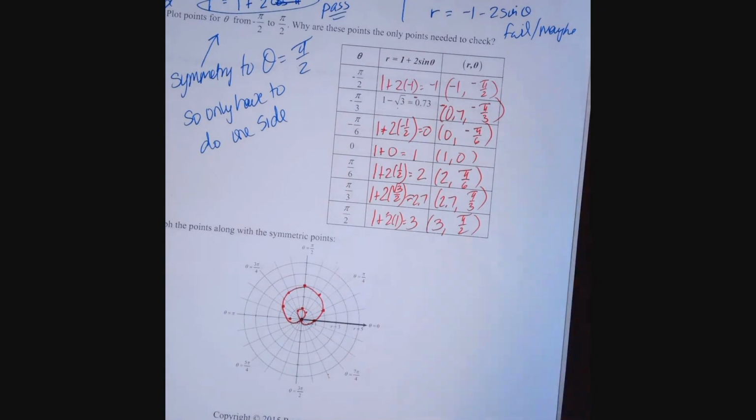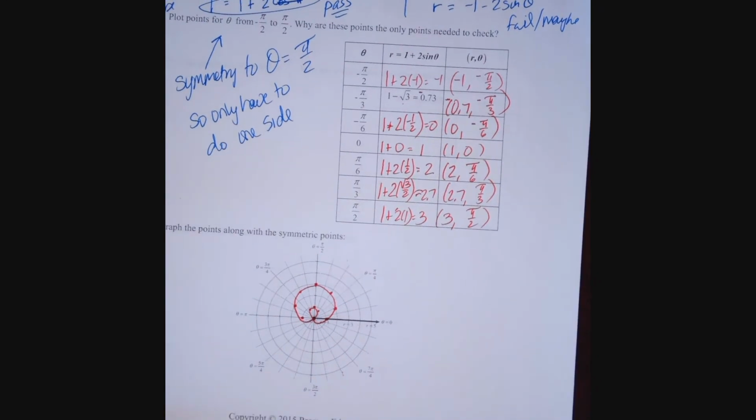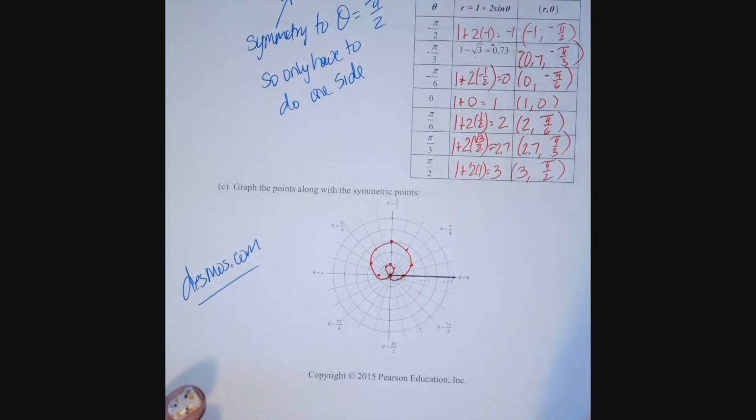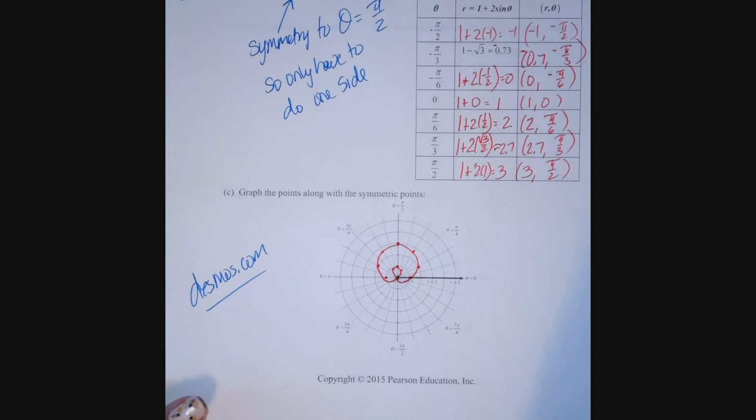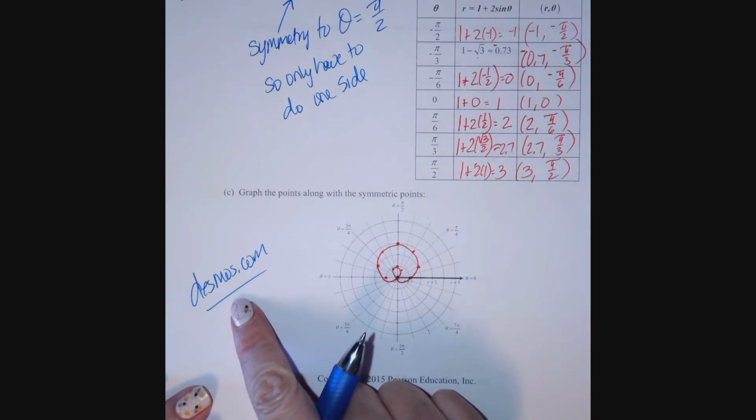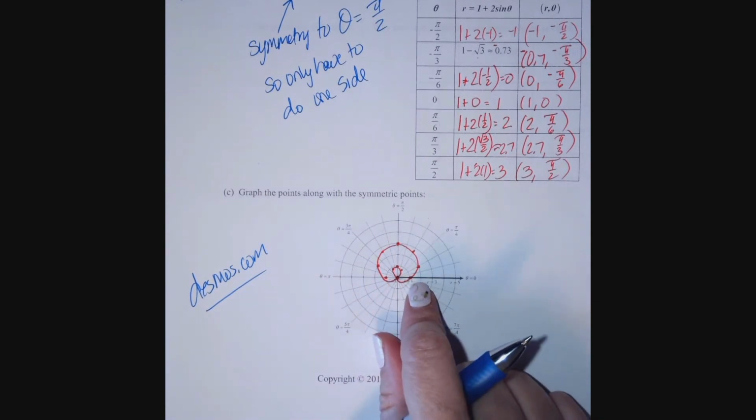One thing that I want to encourage you to use for this section. Now, Desmos.com, I do not let you use a graphing calculator, but Desmos.com is a great way to go check your graphs. You can plug in your equation and it will show you the graph, and you can see if you have it correct.